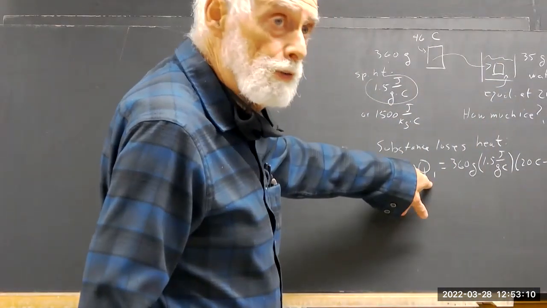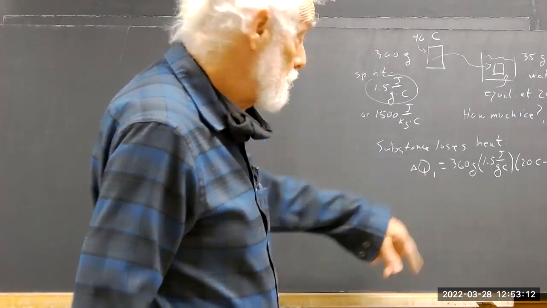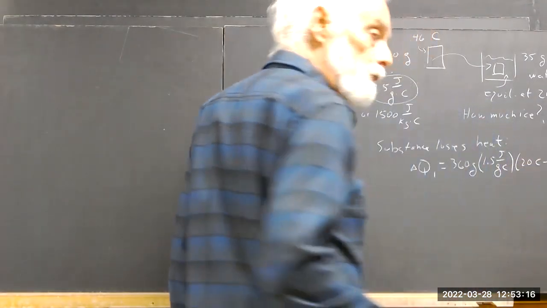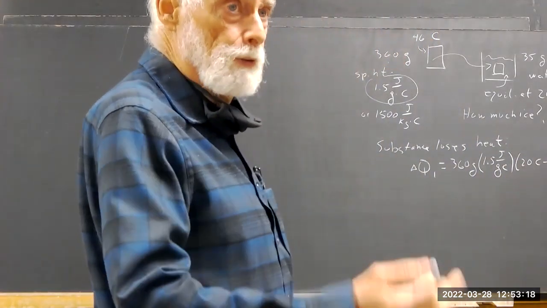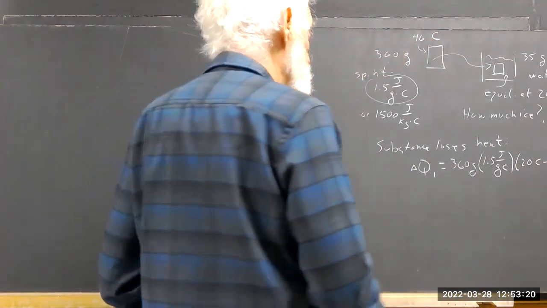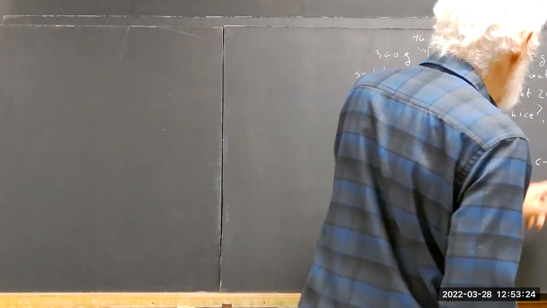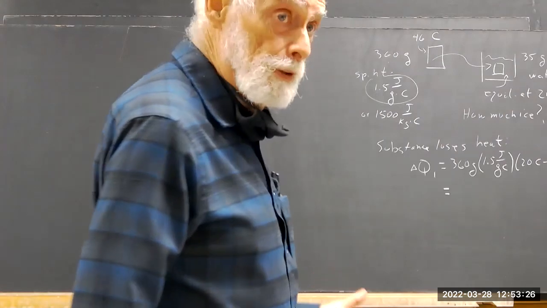Now that's the change in the heat of that substance, okay? And we take the final temperature minus the initial temperature, so that final minus initial is the change. Well, that change is negative 26 Celsius.